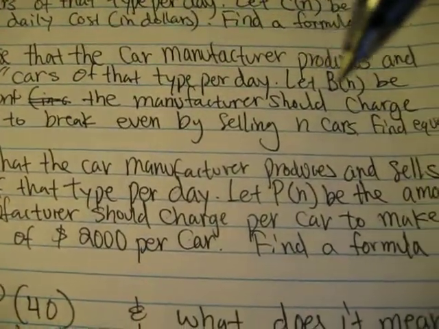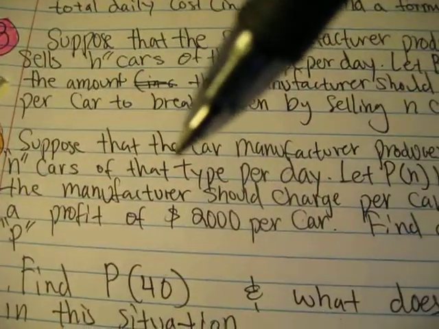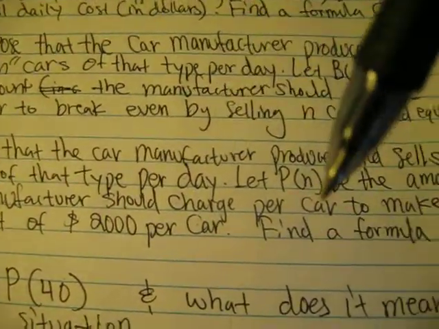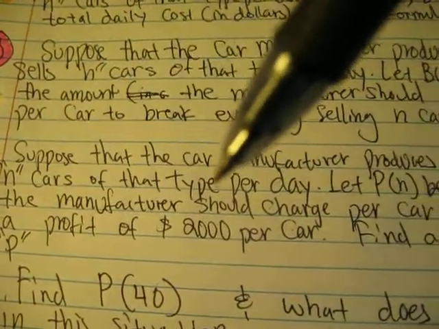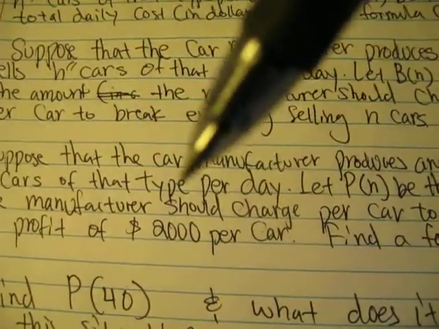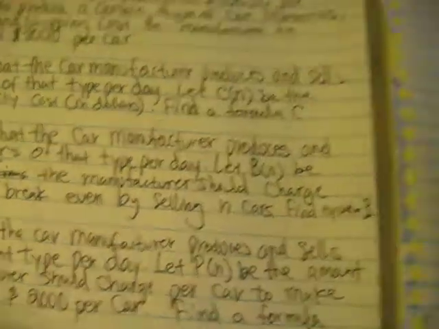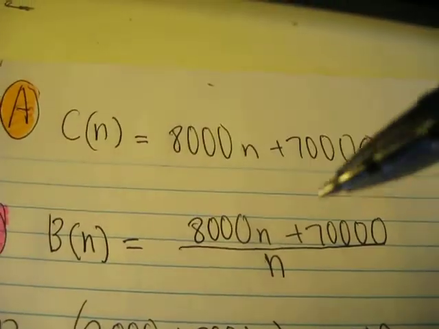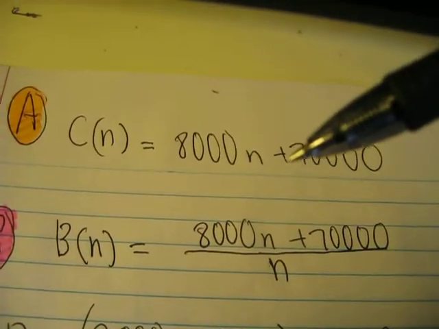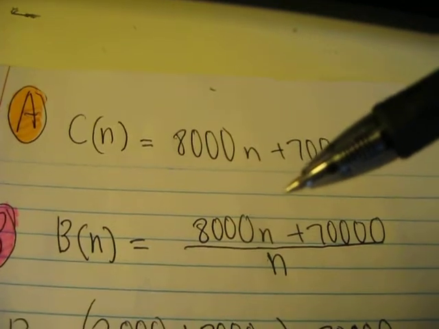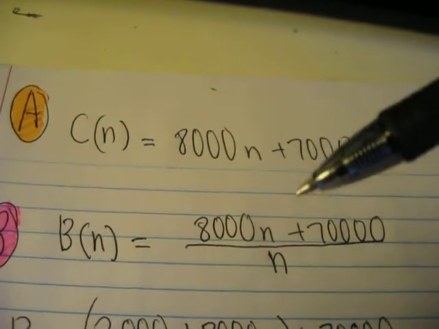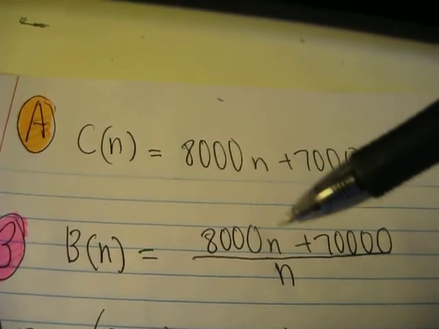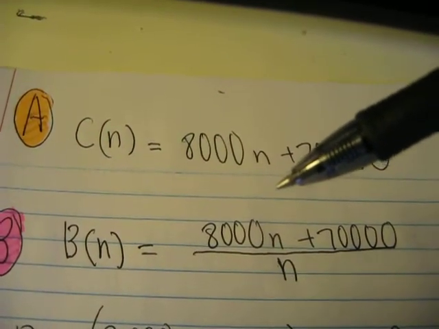Suppose that the car manufacturer produces and sells n cars of that type per day. Let Pn be the amount the manufacturer should charge per car to make a profit of $2,000 per car. Find the formula. So we go back to equation B, and this is just to break even, to equalize how much you make and how much you put into it. But question Pn asks for a profit of 2,000 per car.